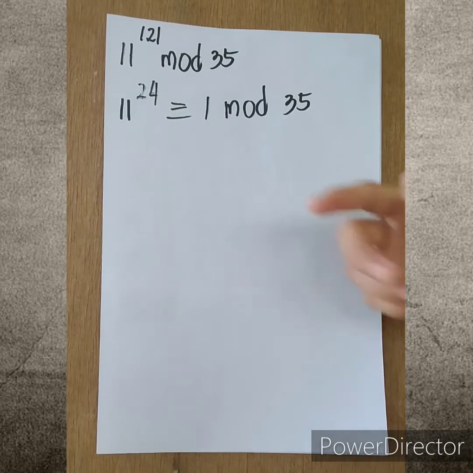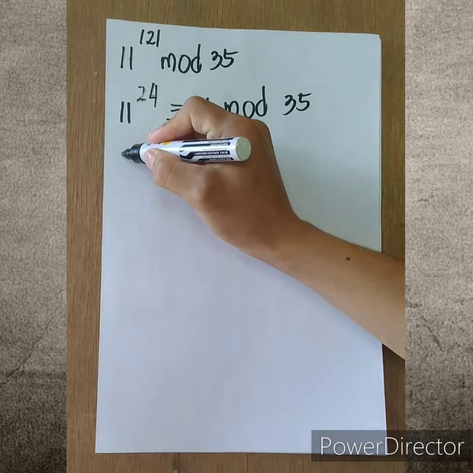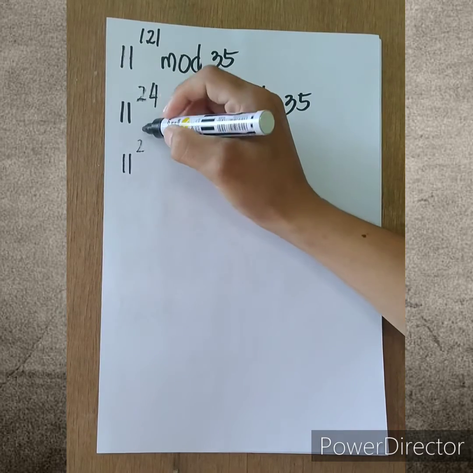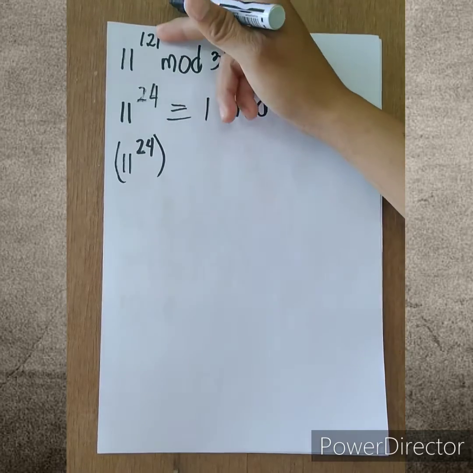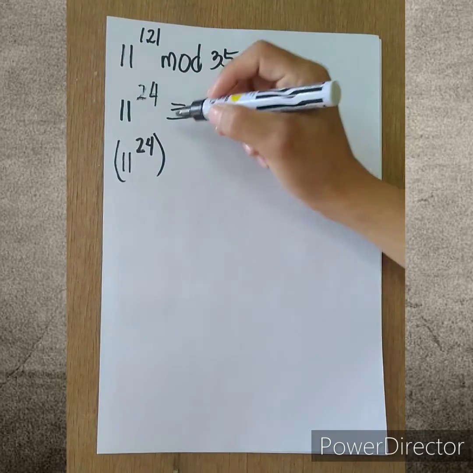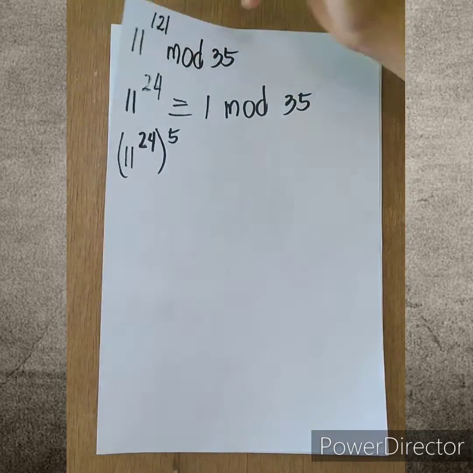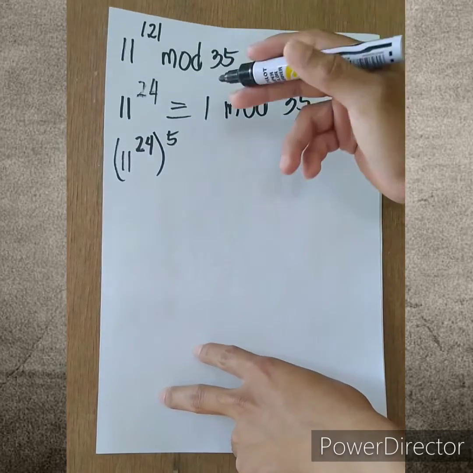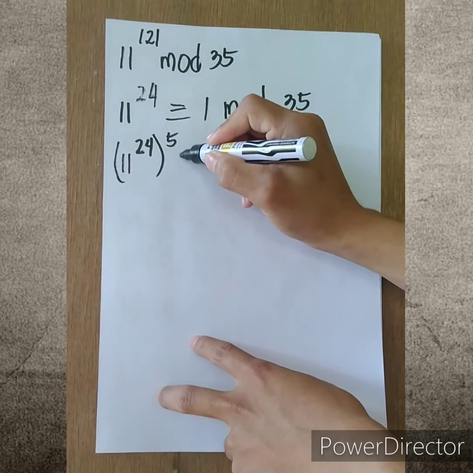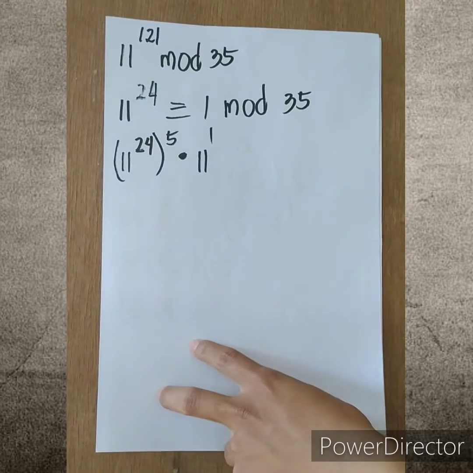So we will divide the totient 24 into 121. 121 divided by 24 is 5. But 5 times 24 is just 120. So there is a remaining 1 power. So we have to multiply it by 11 raised to 1.